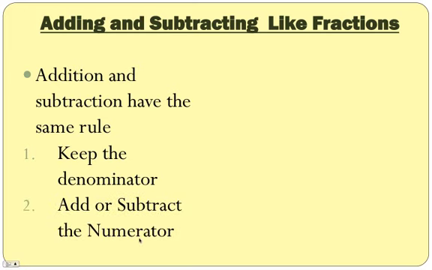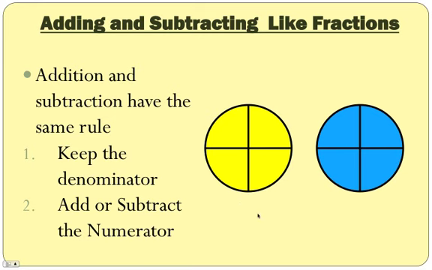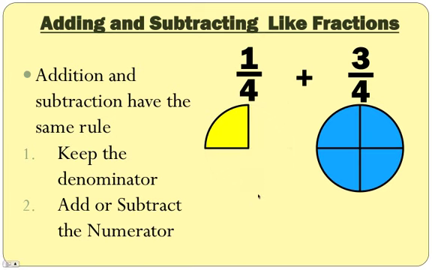It's actually pretty simple, but I want to show you exactly what's happening so that you understand exactly why it's being done. Let's take these wholes here, but we're not going to add all of these together. We're just going to add 1/4 plus 3/4. So here of the 4 pieces we only need 1 of them, and here of the 4 pieces we need 3 of them.